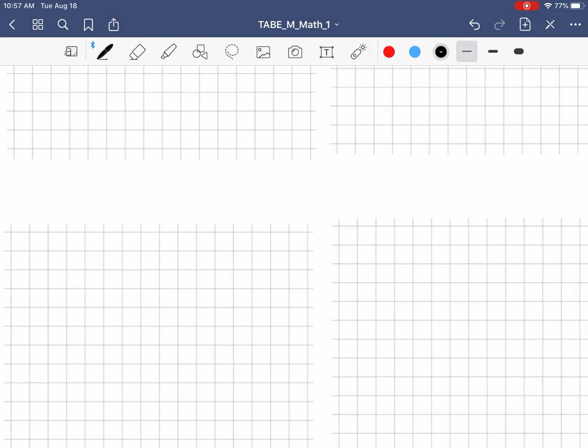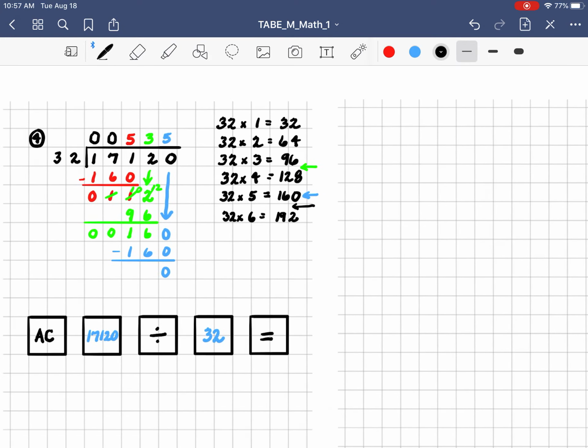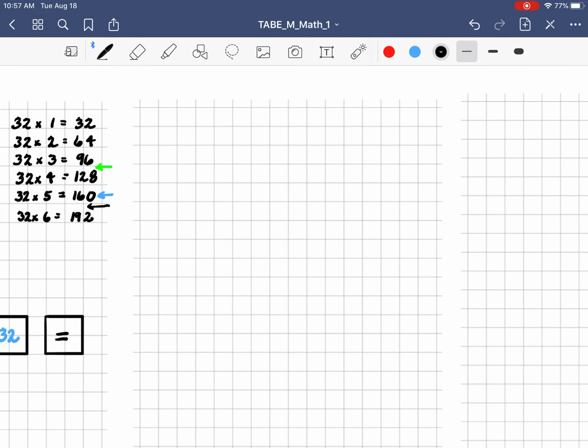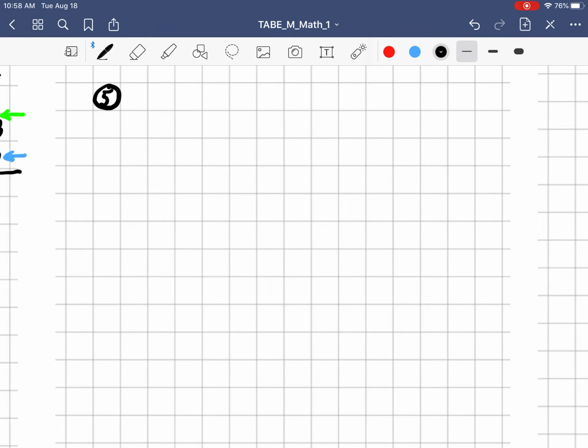So over here, let's do the problem. Number 5. If you have children who are learning long division, I strongly recommend getting them some graph paper. It helps to teach them to line things up. So 132 divided by 12.